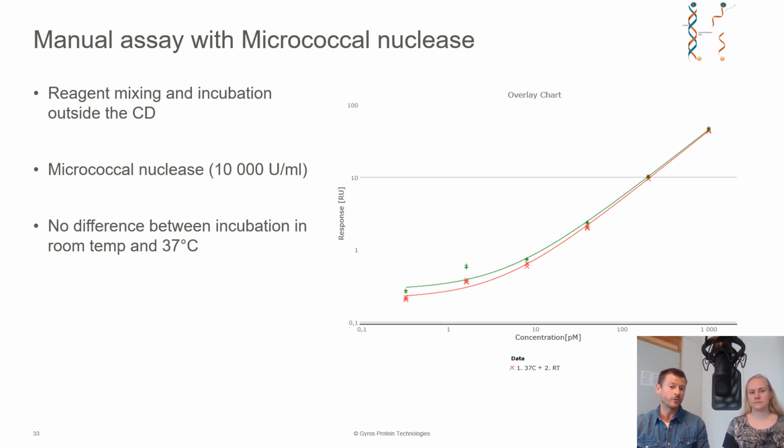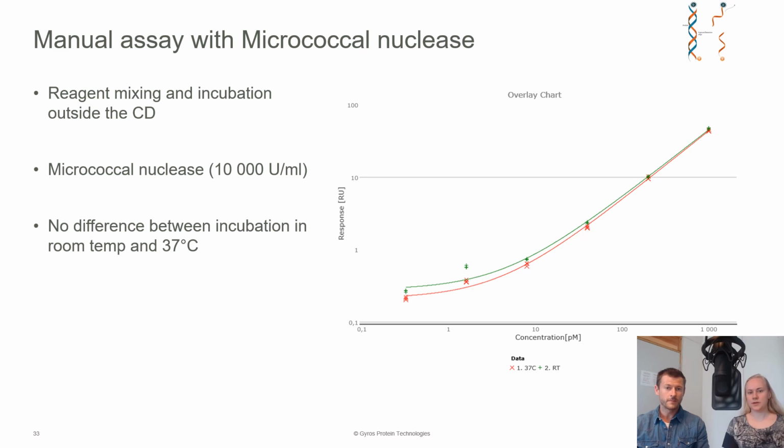The micrococcal nuclease was added at 10,000 units per milliliter, and we again assessed the incubation at room temperature and at 37 degrees, and quite the same results were obtained again here.